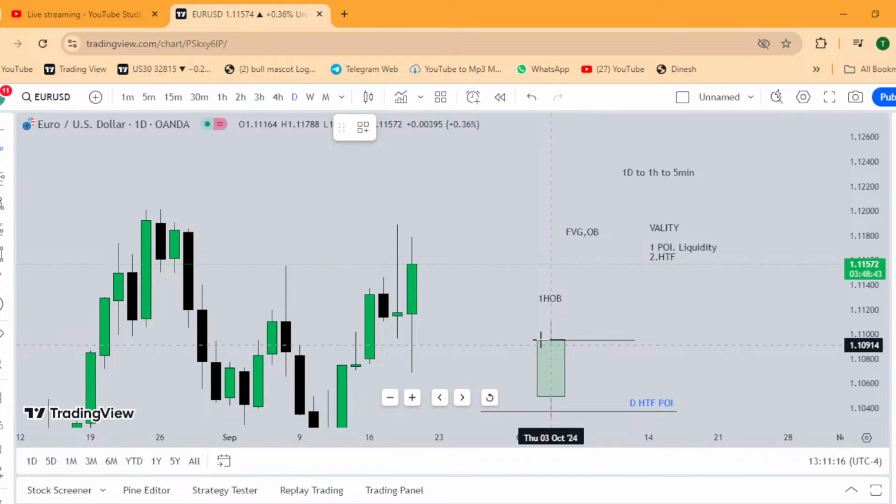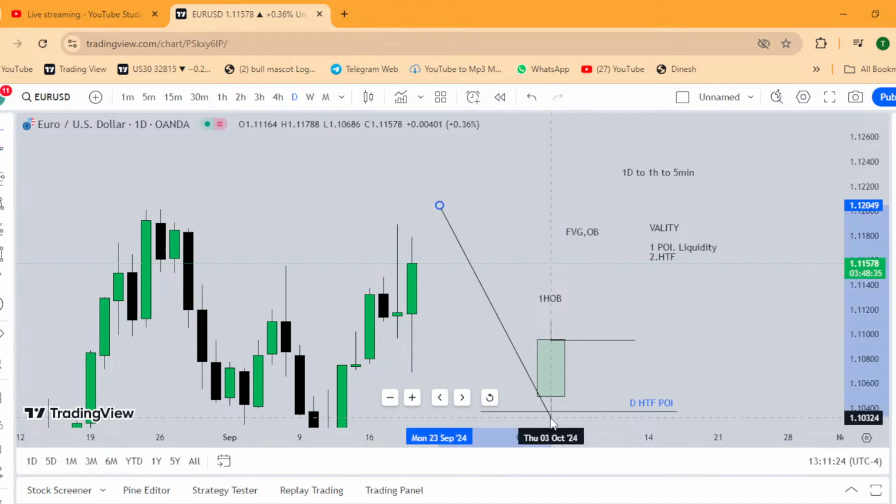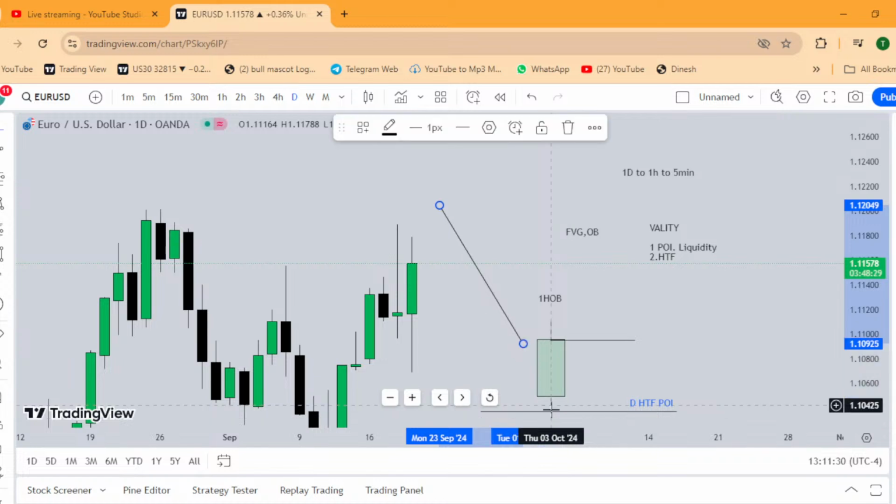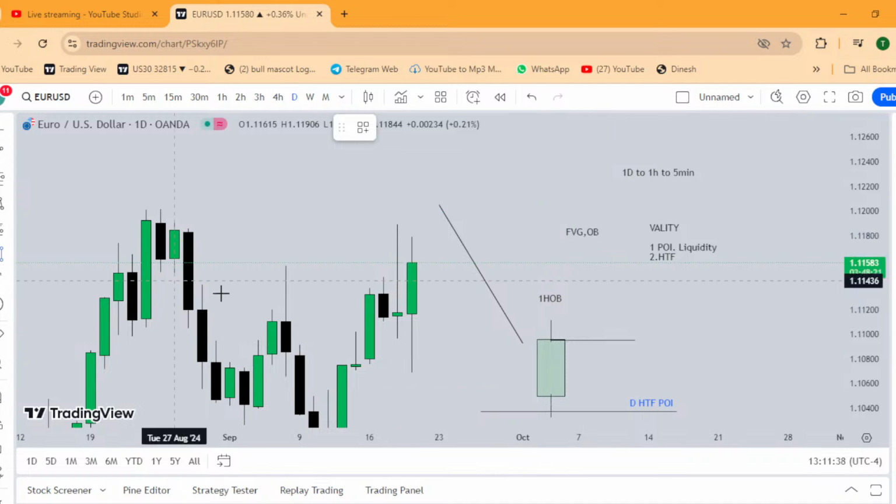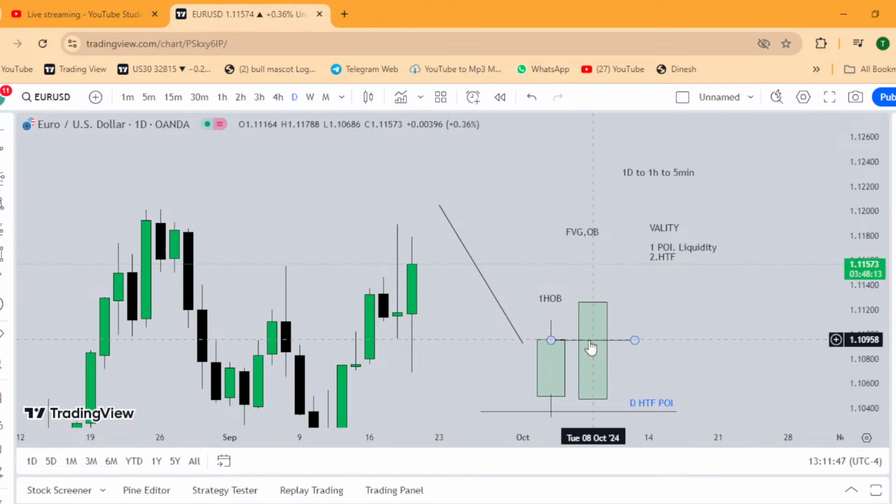On dropping down, it finally hits this zone. You imagine a series of candles dropping, then this particular candle finally hits this zone and then displaces to the upside and closes like this. Or this particular candle dropped and then we want to see a new candle pop from up here and then displace.